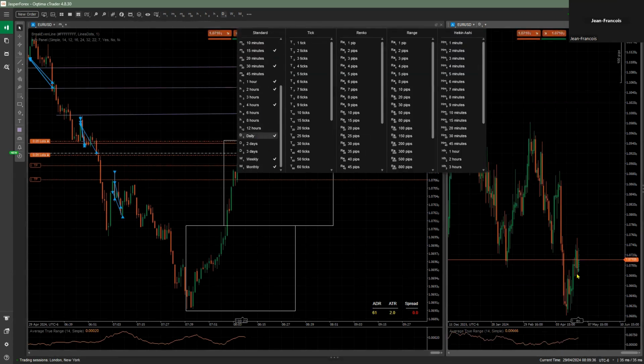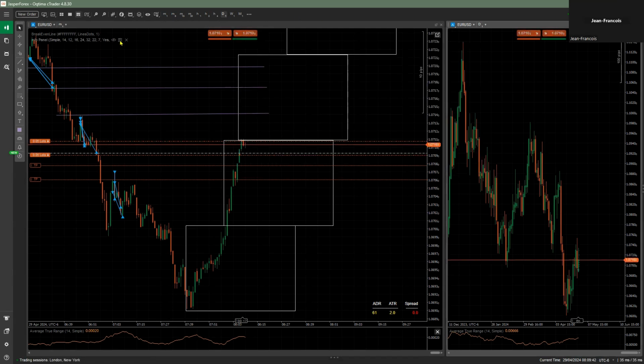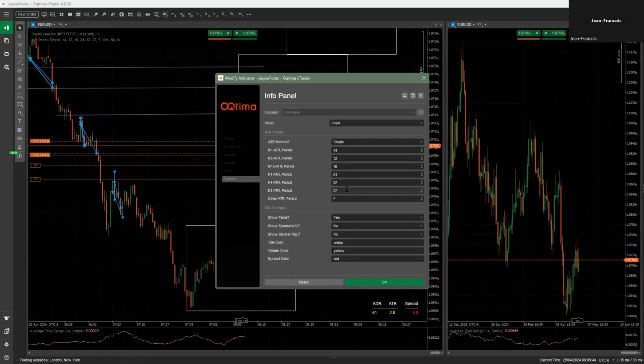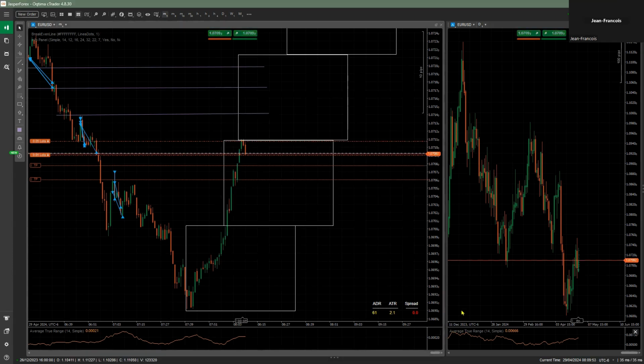If I go to daily, I have 66. This is 61. Let's go double check what this is set up for on the daily. Let's change that to 14. Actually, no, let's leave it at 22. This is a month. This is closer to the real number. This is just an average of 14 days.